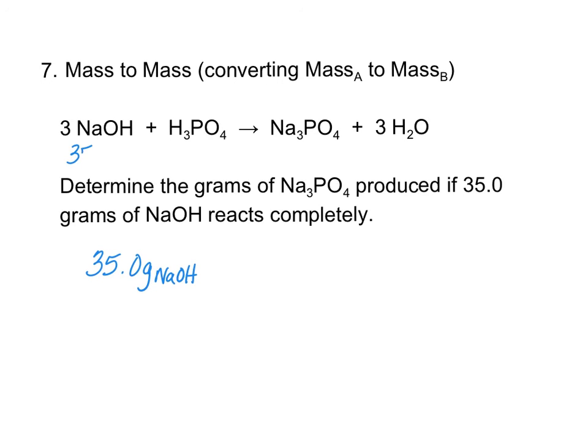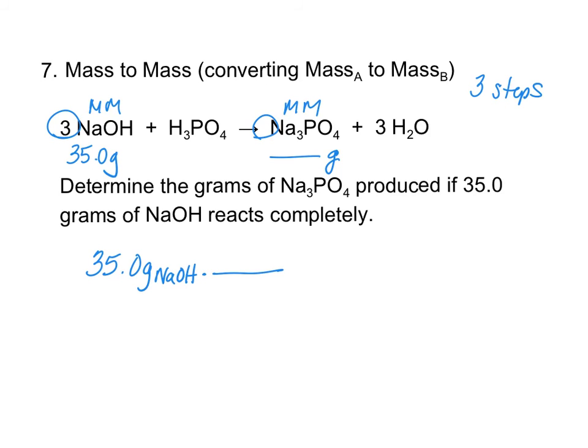Okay, so we have 35 grams of this reactant, and we want to figure out how many grams of this product. Okay, so we have 3 steps. We are going to need to know the molar mass of sodium hydroxide. We are going to need the molar mass of sodium phosphate, and we need to know the mole ratio. Mole ratio is 3 to 1. All of those things will be incorporated into this problem.